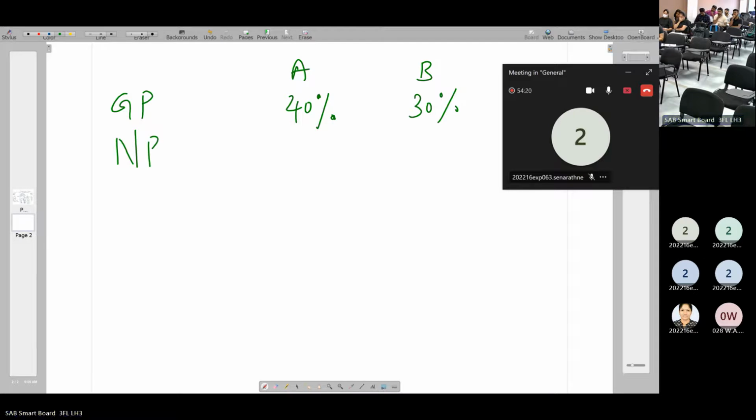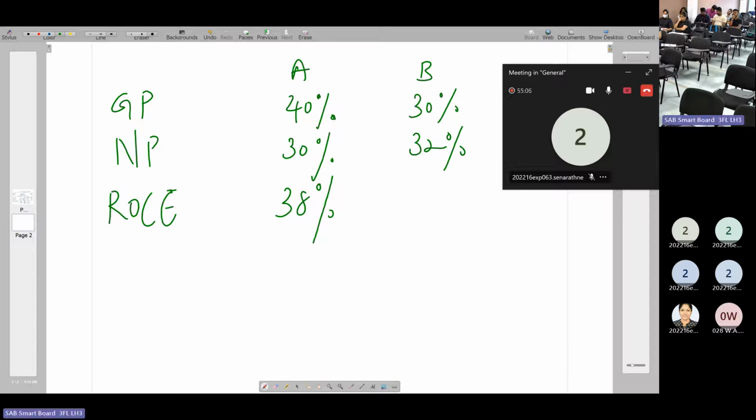Net profit ratio: 30% here, 32% there. ROCE: 38% here, 25% there. In terms of these profitability ratios, there are some other profitability ratios.